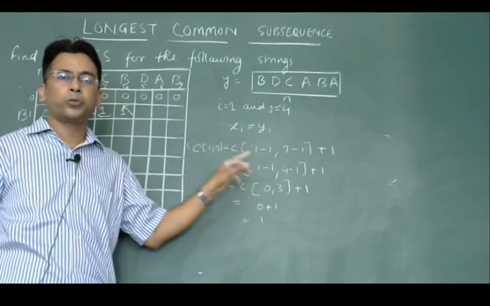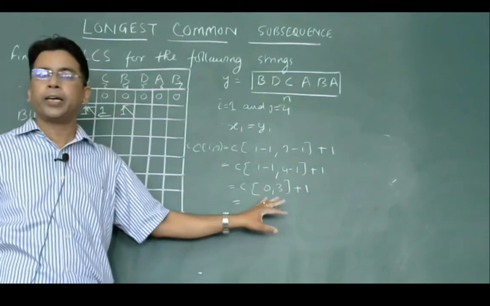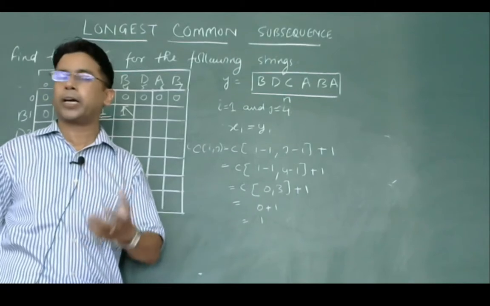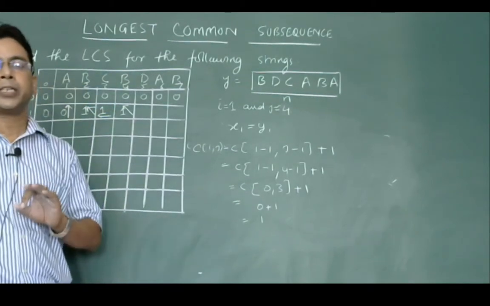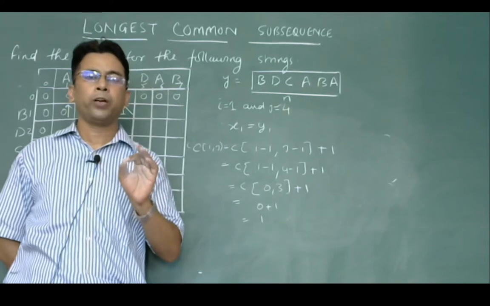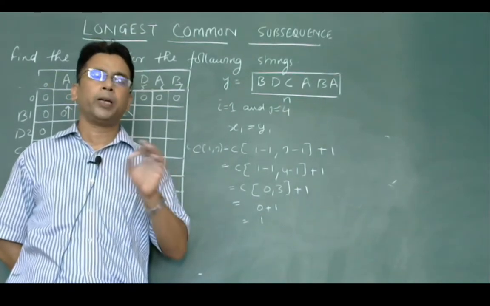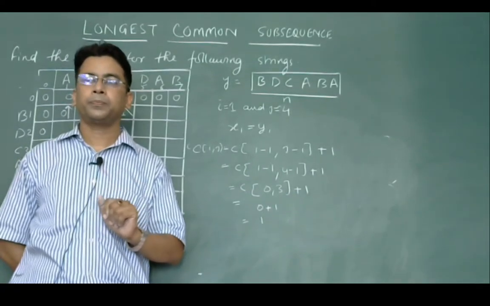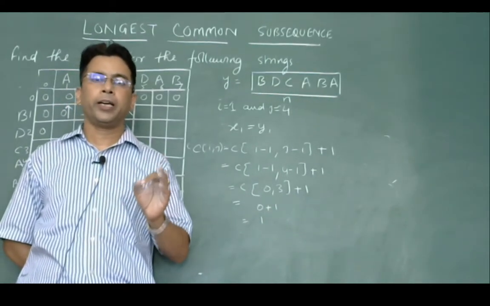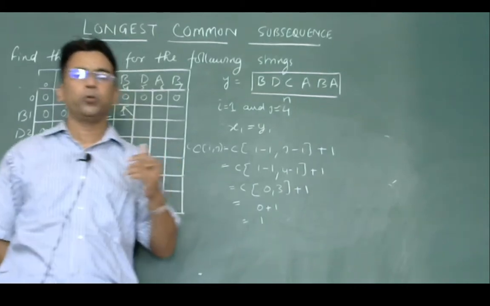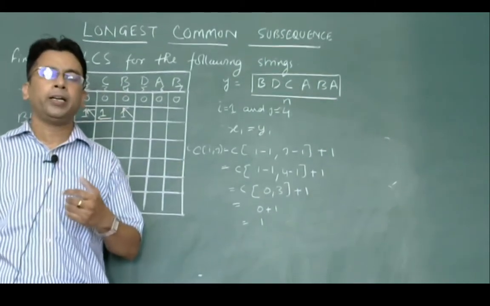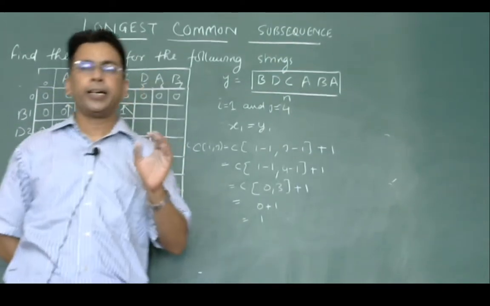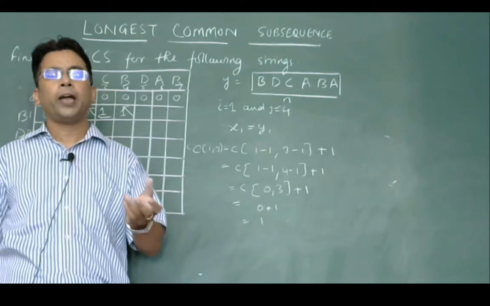Here I have shown you how through the formula we can get the values, but you can get these values with the help of the diagram also. Whenever there is a matching, in that position you add one to the diagonal element and place that value at position c i j. When there is no matching, you compare the element just on the left side and the element above, and you place the greater value at that place.